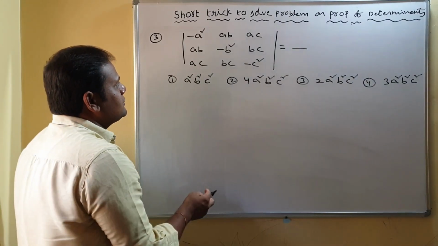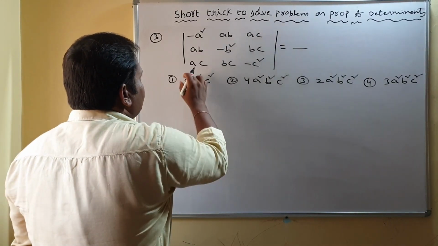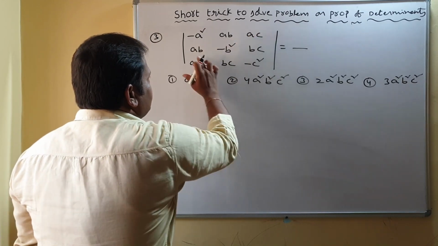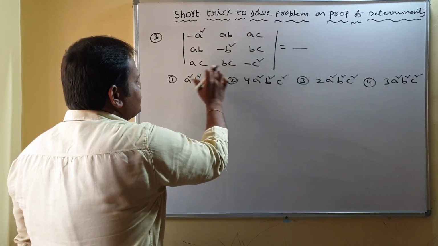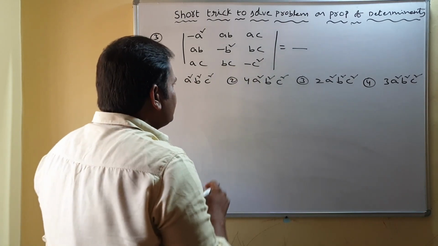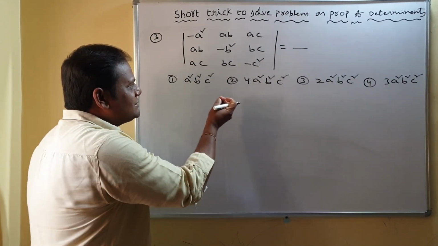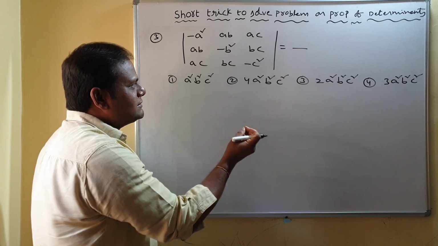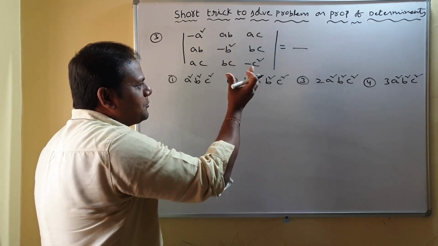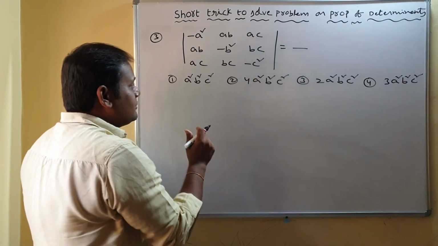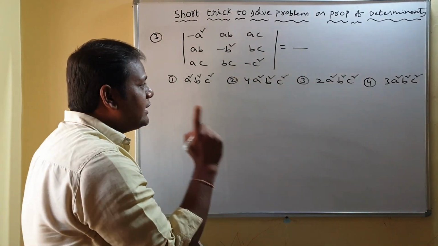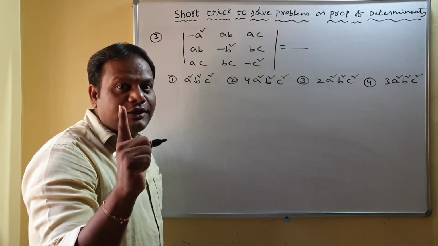Coming to the next question, we have to evaluate det minus a square, ab, ac; ab, minus b square, bc; ac, bc, minus c square. Again, we choose some values in place of a, b and c and put the values in the determinant to get the answer. But I told you that whatever values you take, you must be very careful.